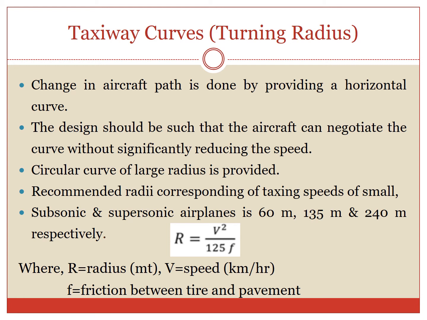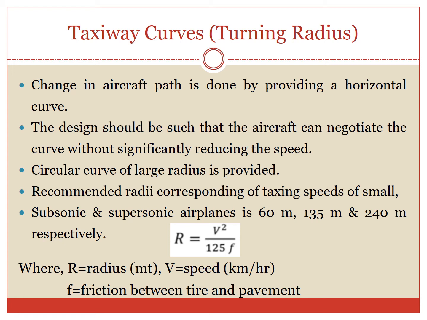Next, moving across to the taxiway curves. Now, wherever there is a change in the direction of the taxiway, a horizontal curve is provided. The curve is so designed that the aircraft can negotiate it without significantly reducing the speed. A circular curve of a large radius is suitable for this purpose, right?